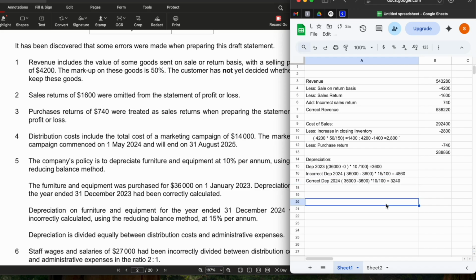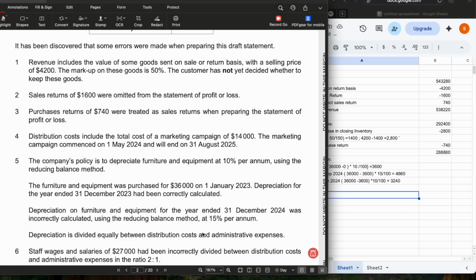So we charged incorrect depreciation in selling and distribution cost as well as in administrative expenses, and we need to rectify that. So let's go ahead and do that question.